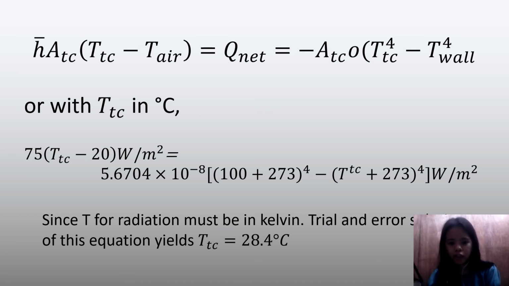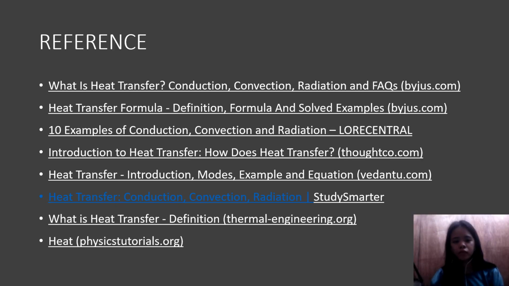Since T is to the fourth for radiation, there will be trial and error in the solution of this equation, with T_TC equal to 28.4 Celsius. So that's it for this chapter. Thank you.